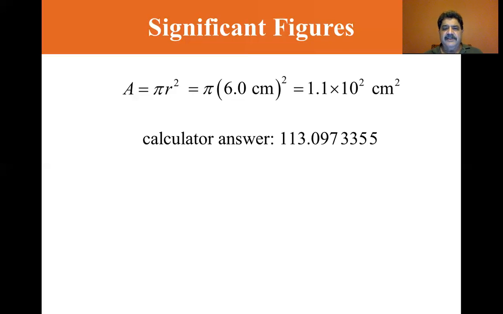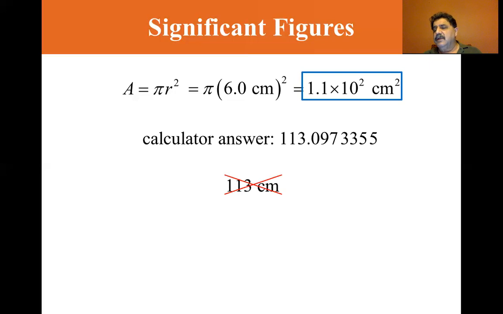The result is not justified because it has 3 significant figures, whereas the radius only has 2. So the result has only 2 significant figures. I just circled it, or you can see it in the blue box. It's only 1.1 times 10 to the 2 centimeters.